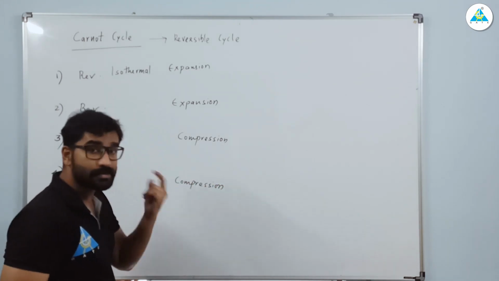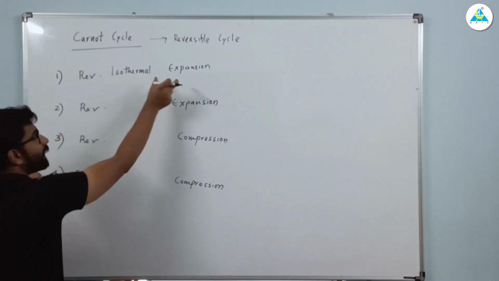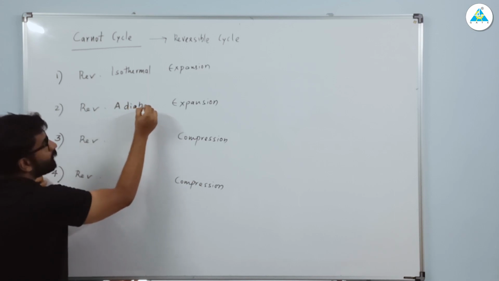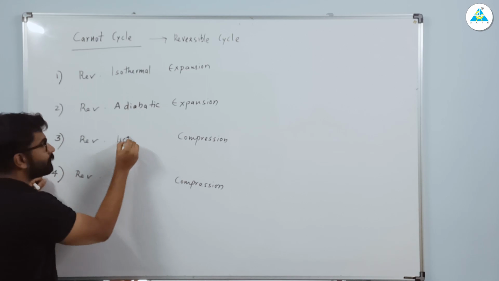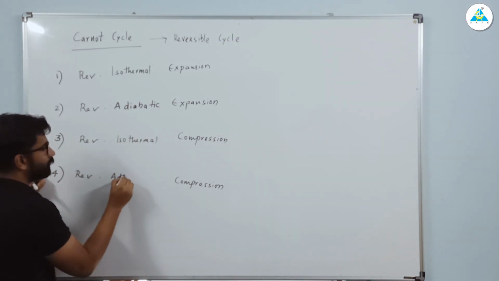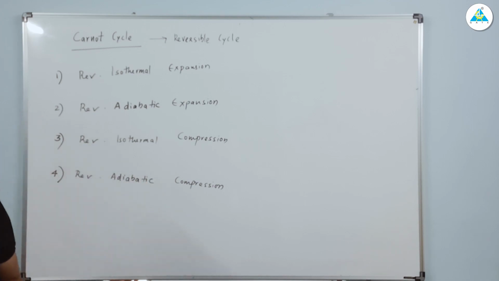Now the first is reversible isothermal expansion, the second will be reversible adiabatic expansion. In the same way we have reversible isothermal compression and reversible adiabatic compression. So these 4 processes in combination will form your Carnot cycle.